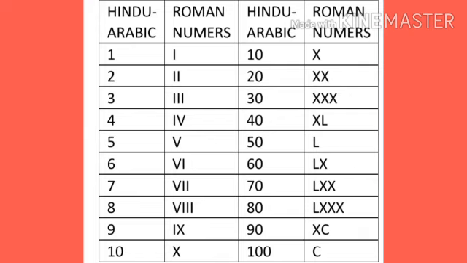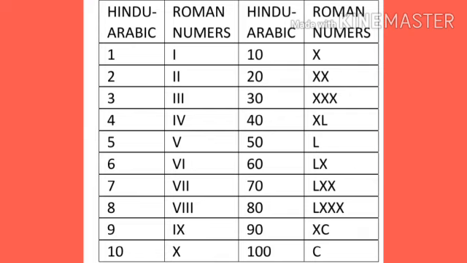So always remember, we can write 3 times to the right side. Now we can't write 4 times, so we have to subtract 10 from 100 to get 90, and 100 is C. So 90 is XC. We have to write X towards the left side of C to get subtracted from 100.